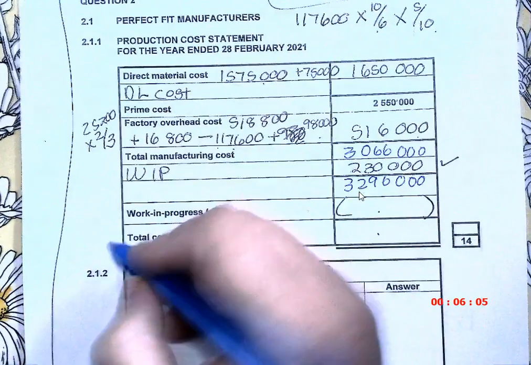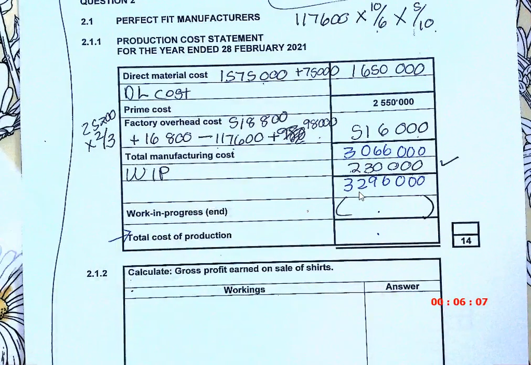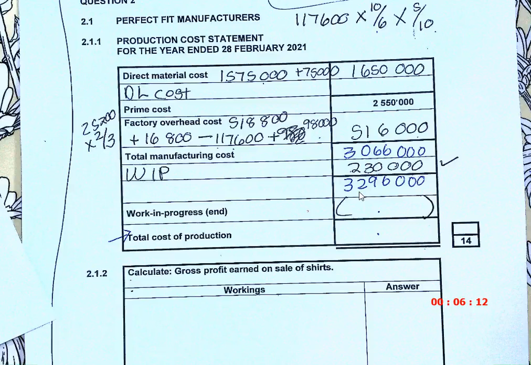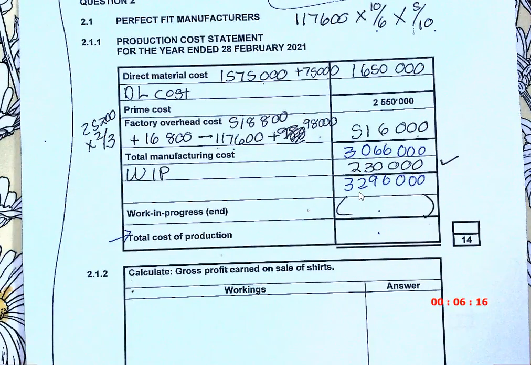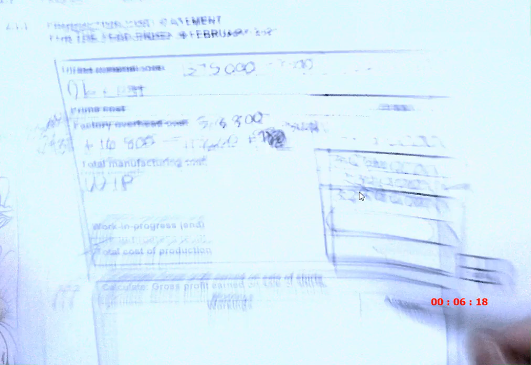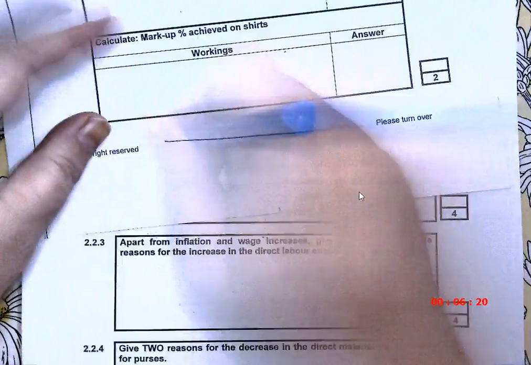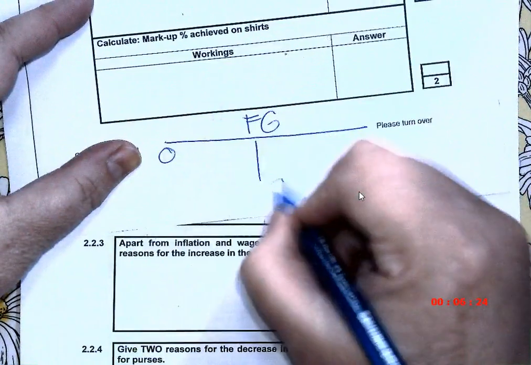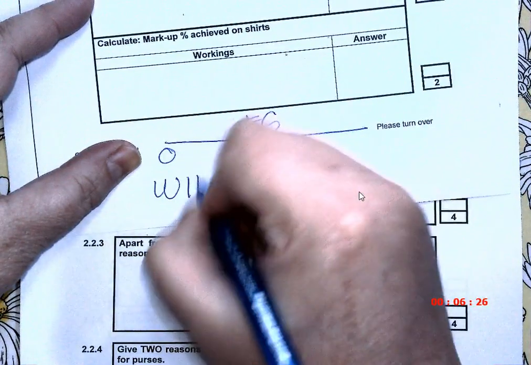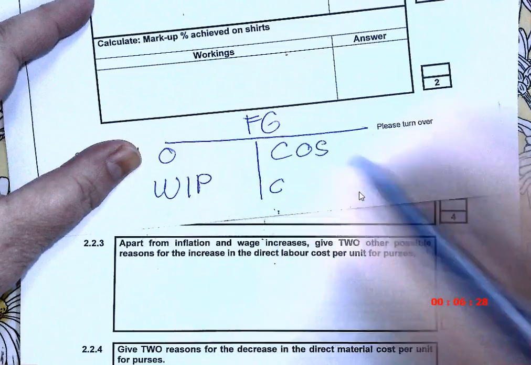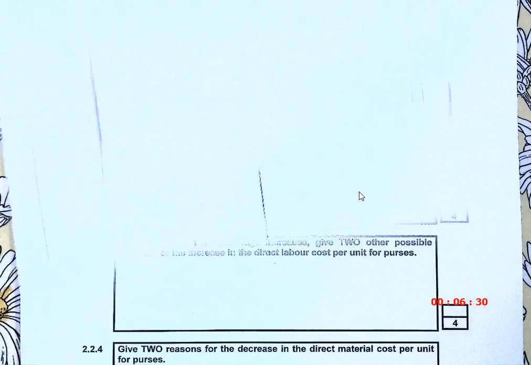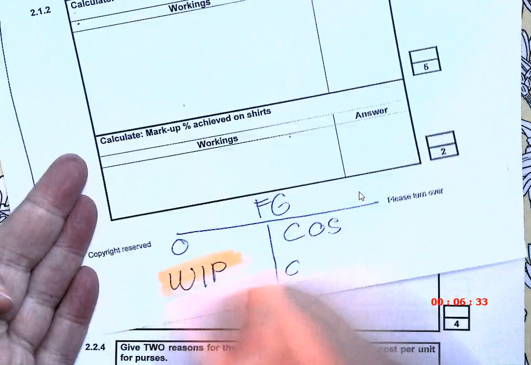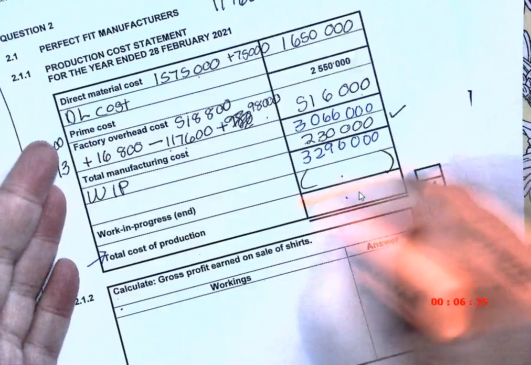Now remember, this cost of production is not the cost of sales. Be very careful. That cost of production is literally, if I draw a T account for finished goods, opening, closing, work in process, cost of sales, the cost of all the new stuff that I produced.